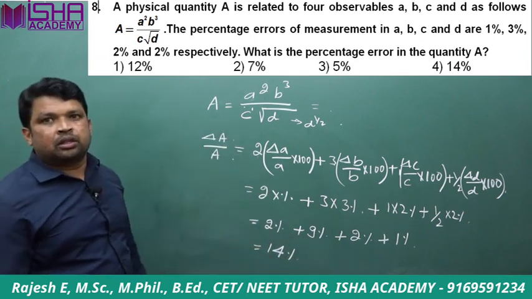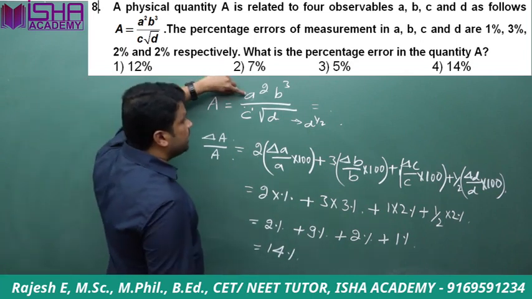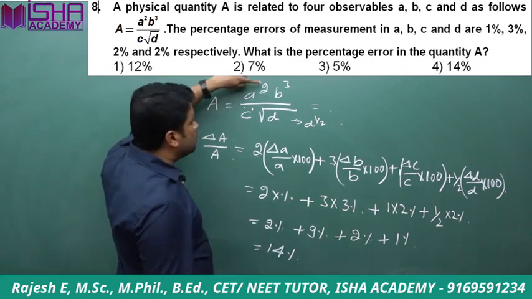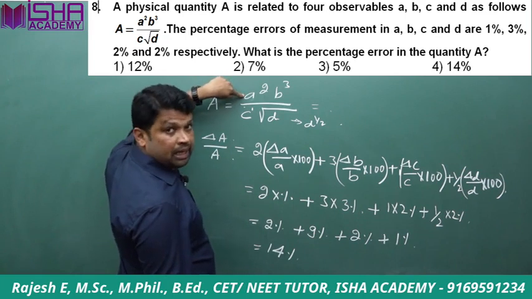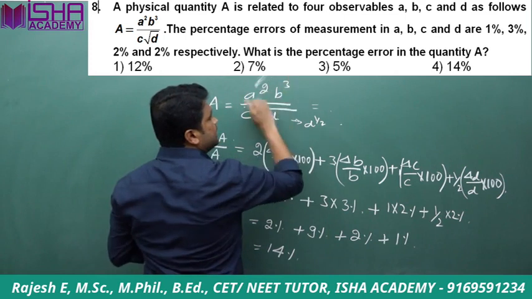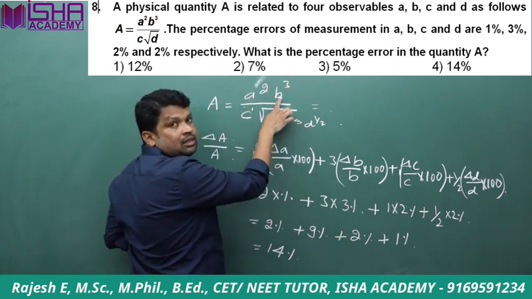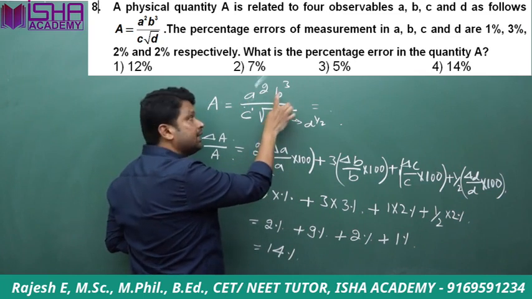Right? In shortcut, how are you going to do this? See, error in A is 1%. So 2 into 1 plus, error in B is 3%.